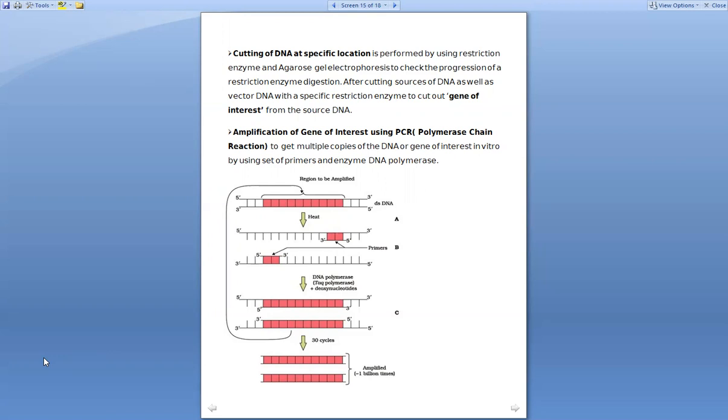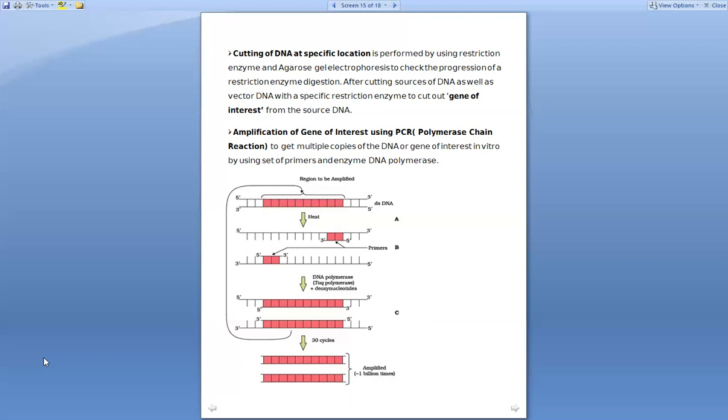So once we know in which particular fragment the gene of interest is present, what happens? The restriction enzymes work on that particular fragment of DNA as well as the vector DNA. So it also cuts the vector DNA, as well as the source DNA fragment, right?